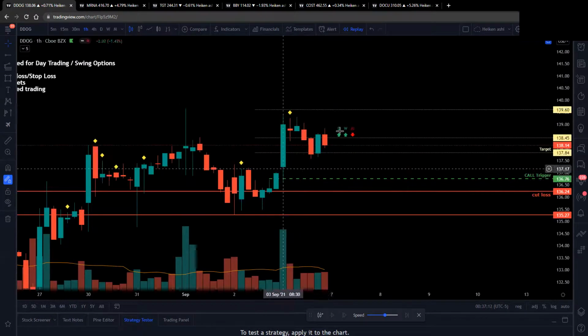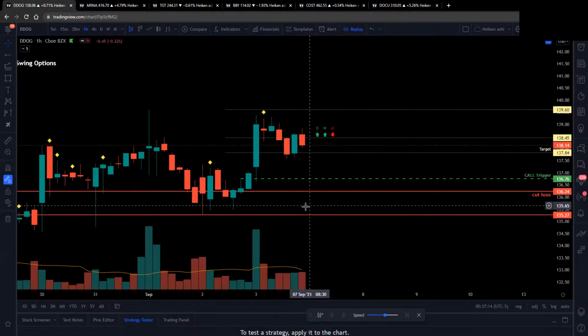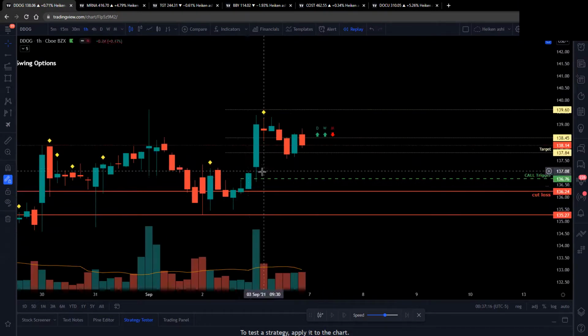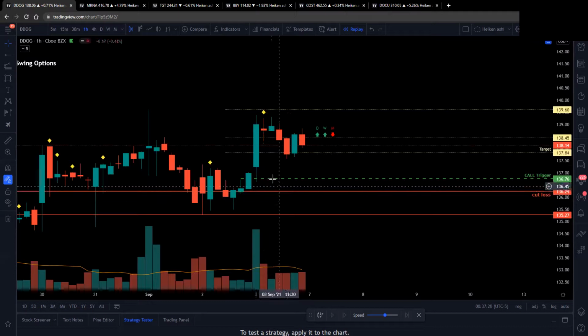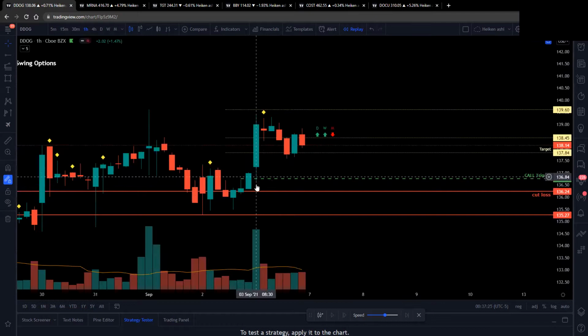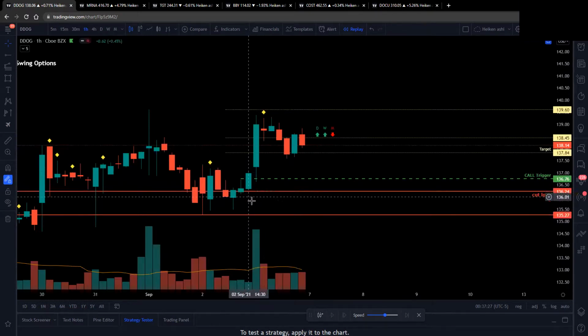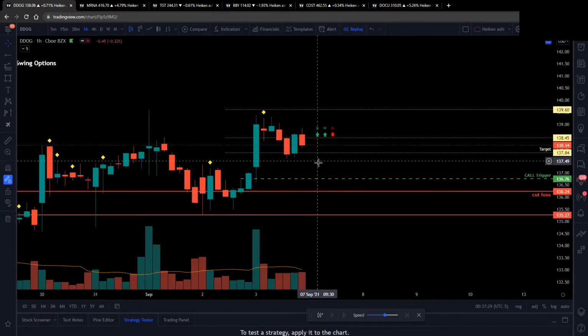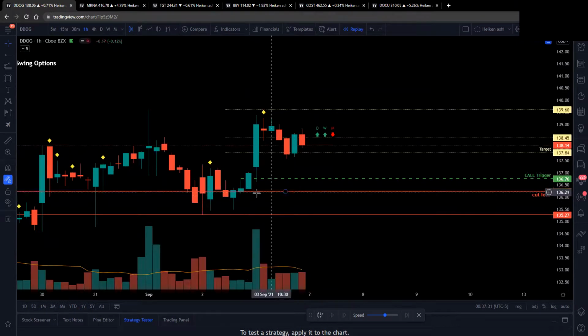These targets basically serve as guidelines. It doesn't mean that you have to sell there, but the cut loss is very important, because the reason there's a cut loss is because it acts as a support. If it breaks down, usually it takes a long time to even get back up. So I would exit right away on the cut loss.